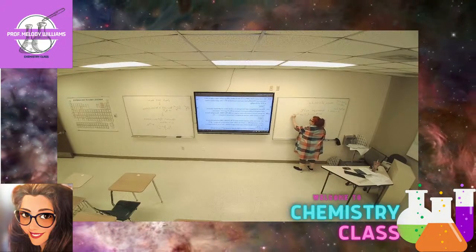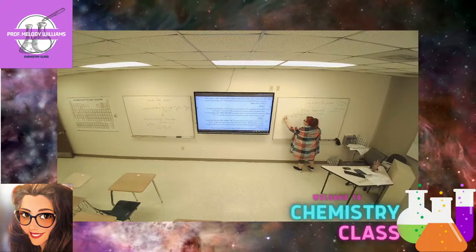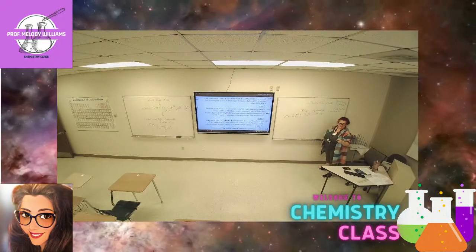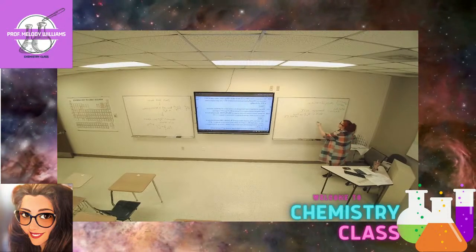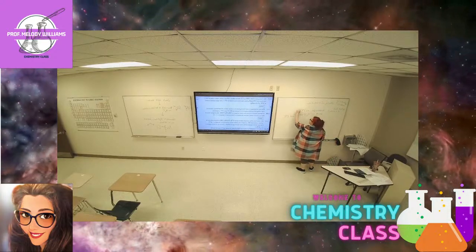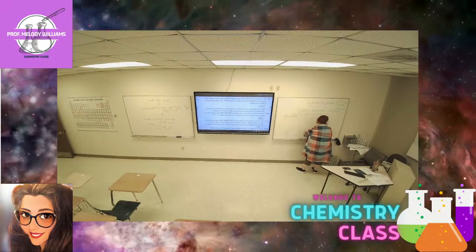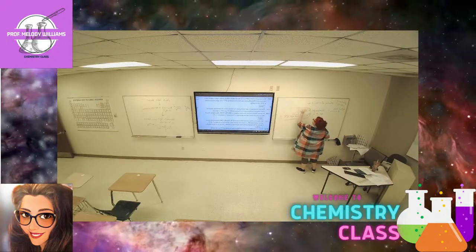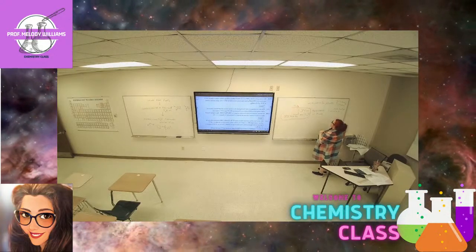Freezing point of water is 0 degrees Celsius. So what's my change in temperature? 1.1, right? So I've got my change in temperature here. So let me make a note. I'm going to use colors. This right here is my delta T, right? That's my delta T.